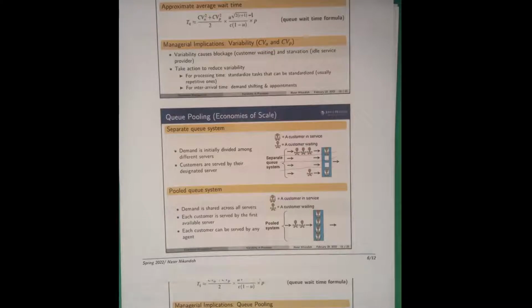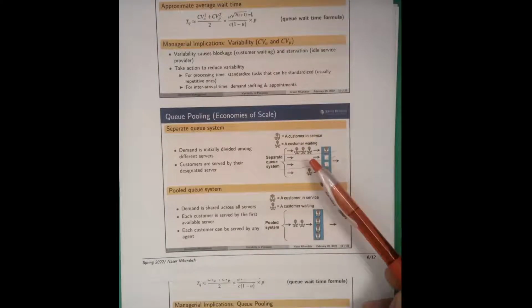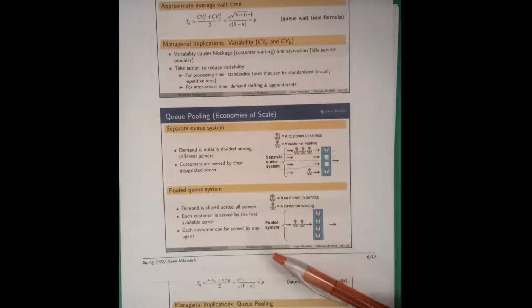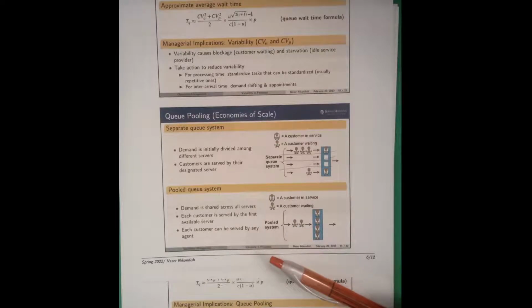But because we are avoiding situations where one server is idle while the other server has people waiting for it, this pooled system is better for the customer. It decreases customers' wait time dramatically. Let's quantify that and see if that really is the case.